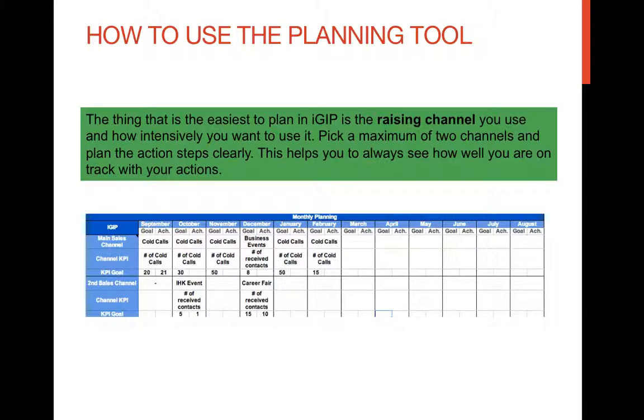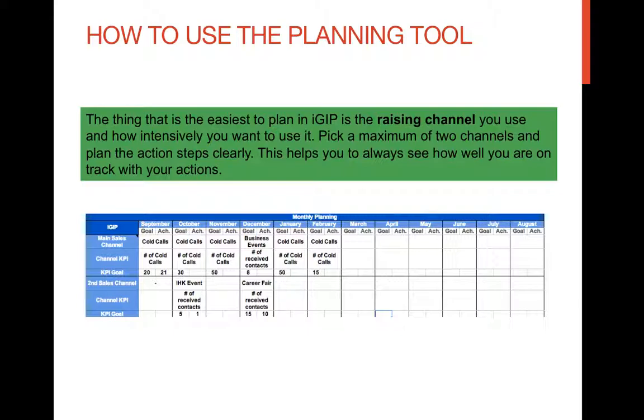Cold calls would be a good raising channel if you don't already have great partner management and your partners recommend you to other new potential partners. But cold calls, that's usually what you start out with. Another one would be the business events, like going to a company fair and just talking to them.